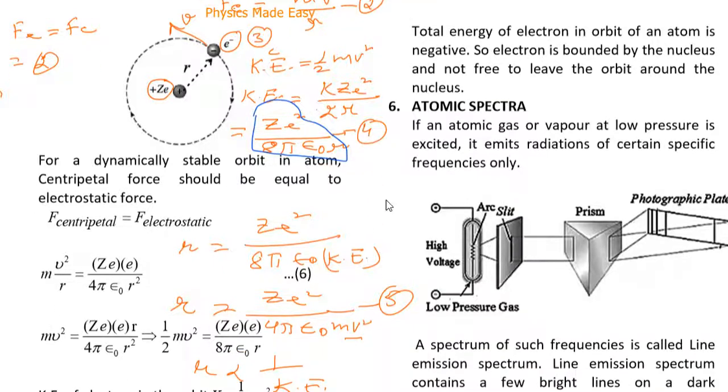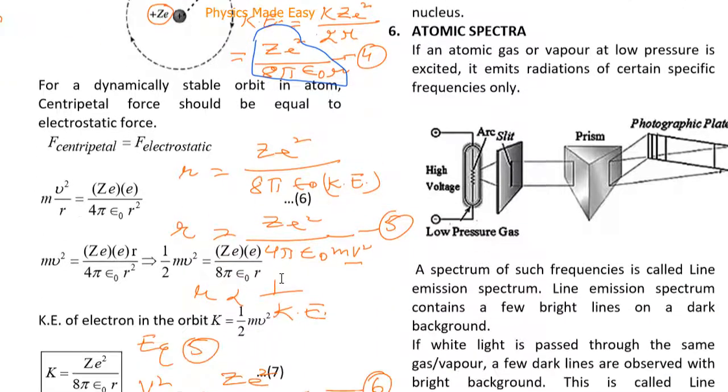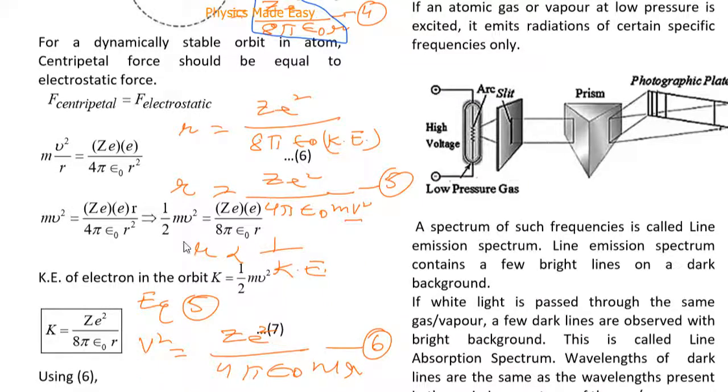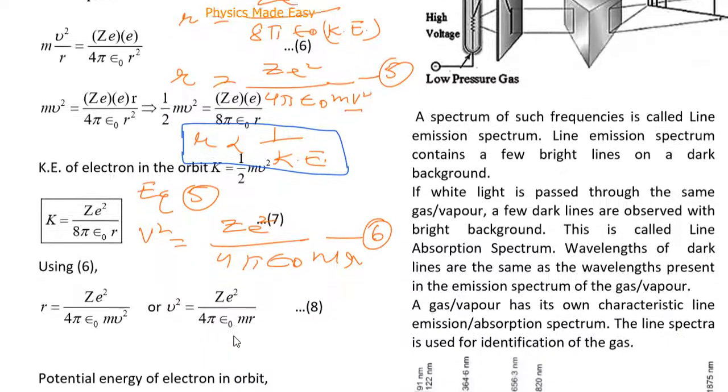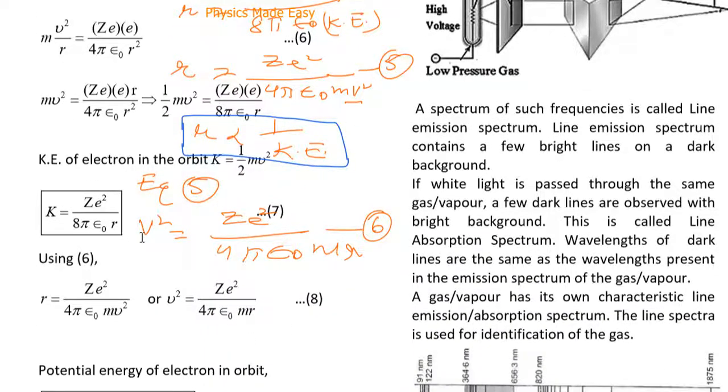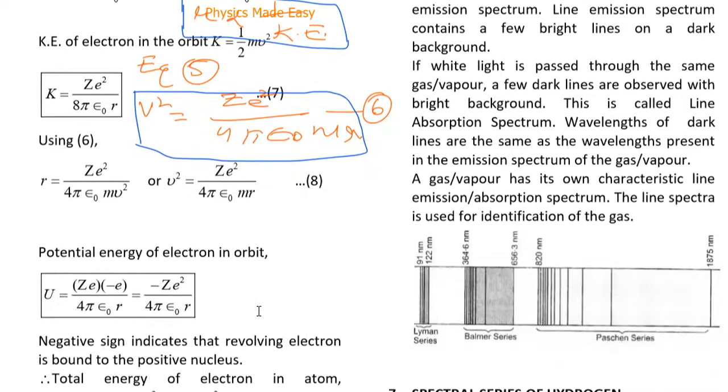From this formula, we can even get the value of radii. And I concluded that radius is inversely proportional to kinetic energy. Larger the kinetic energy, smaller will be the radii. And from here, I can calculate the value of v square. v square is z e square by 4 pi epsilon naught m r. So these are the values.